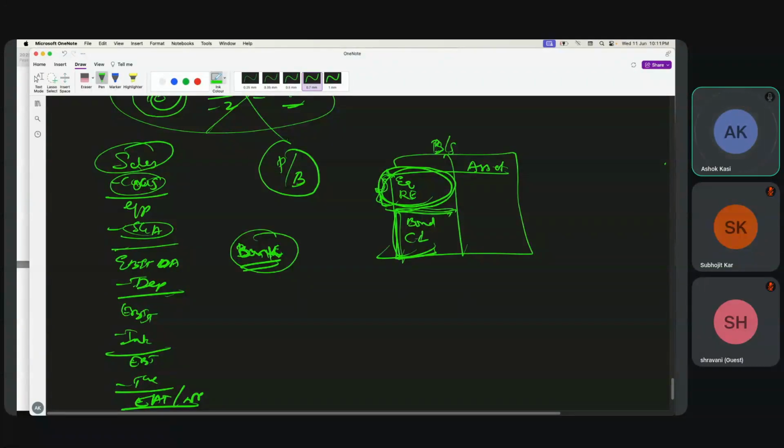A manufacturing company manufactures something, sells it and gets cash. So they are doing the work of taking cash from customers. And what work does a bank do? A bank is doing the work of giving cash to a customer. So which one is difficult, manufacturing or bank?